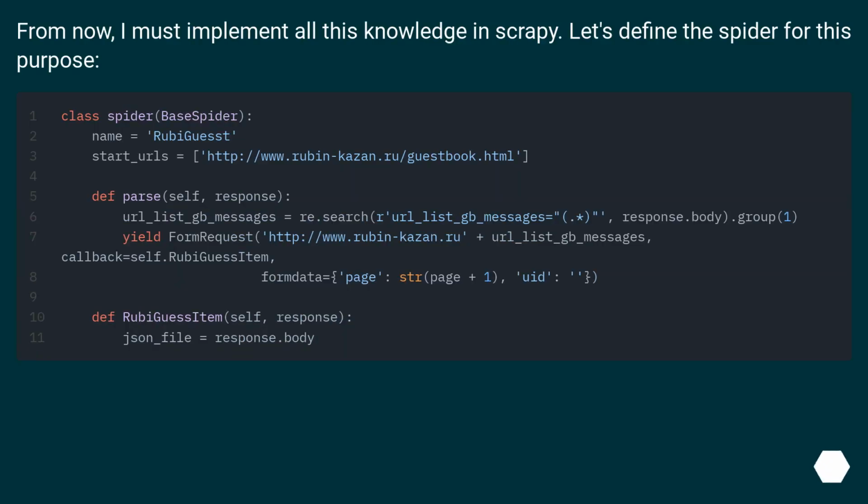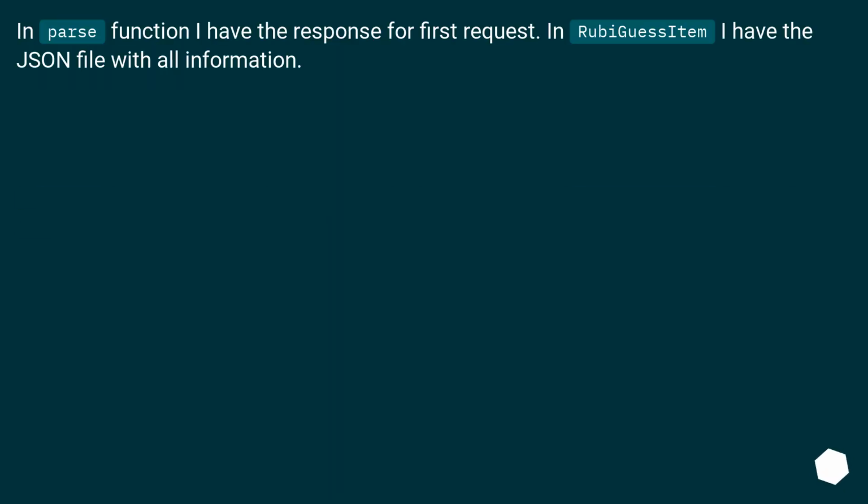From now, I must implement all this knowledge in Scrapy. Let's define the spider for this purpose. In the parse function I have the response for the first request. In the response I have the JSON file with all the information.